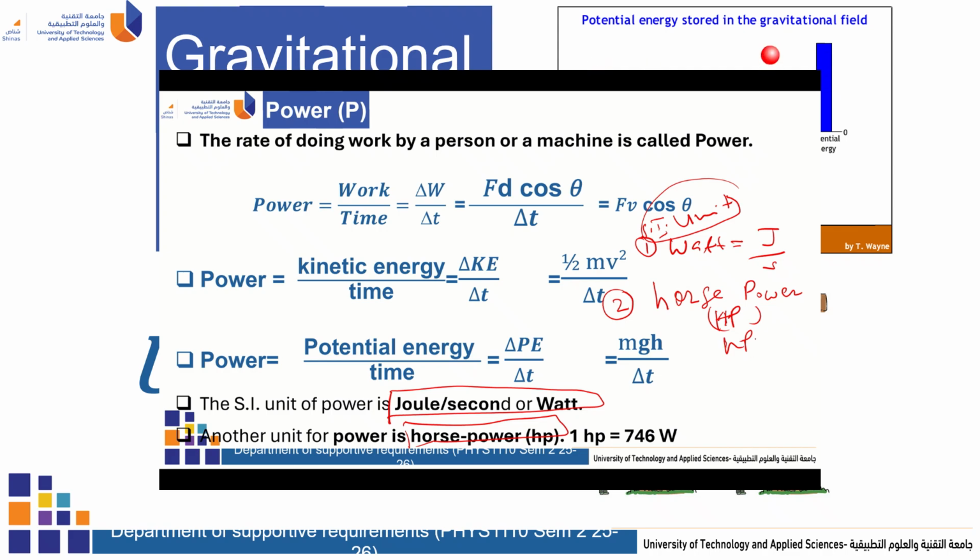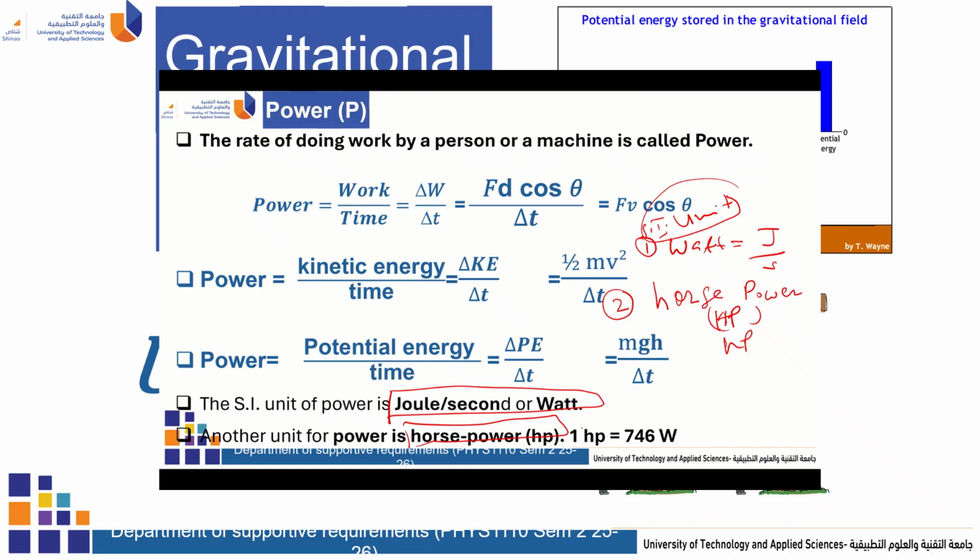Actually, the horsepower is not a standard unit. This is a commercial unit. Commercial means it is written on motors, machines, ACs, big electrical equipment. So we cannot calculate in horsepower.